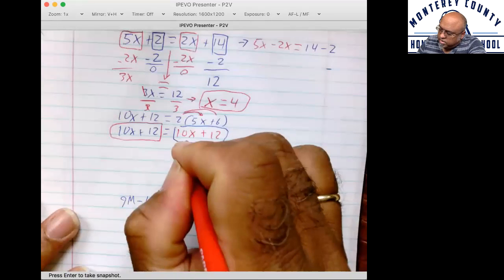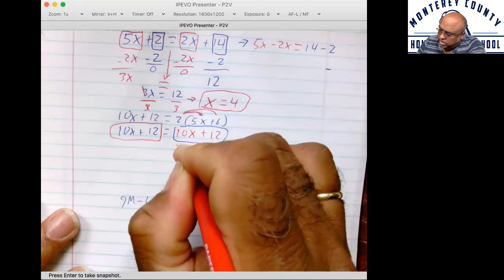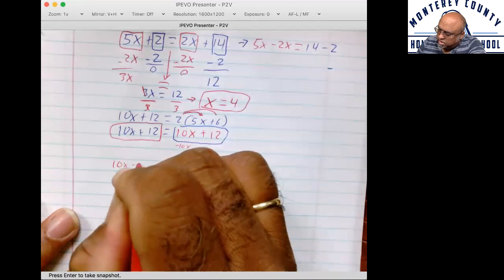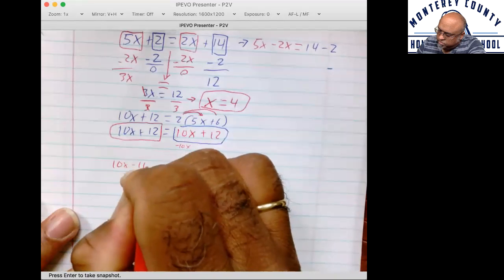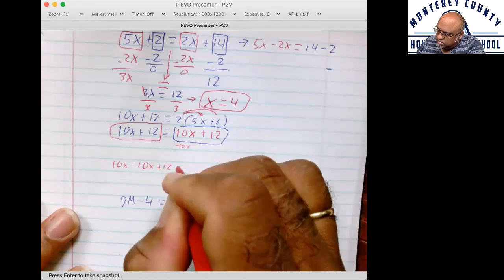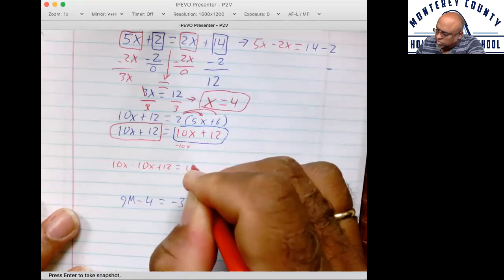So if I subtract 10x from both sides, then I would get 10x minus 10x plus 12 is equal to 12.